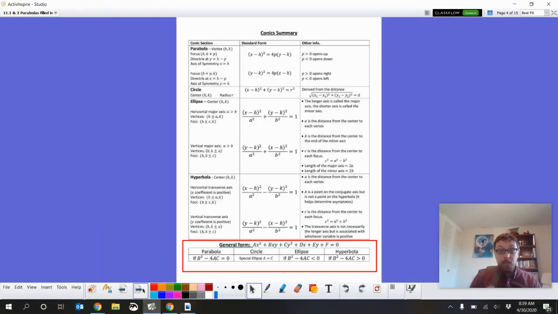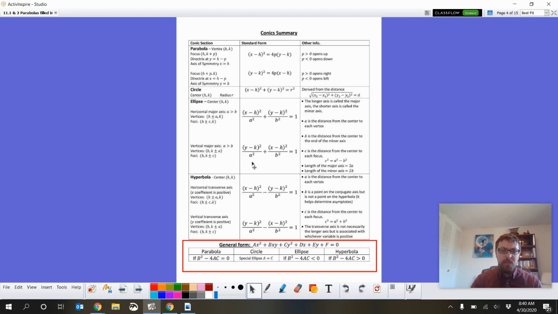Now, for this chapter, kind of like our trig identities chapter, we've got this big page of information. It's got all the formulas. You don't need to memorize any of these formulas. You just need to be able to use this sheet. But I want to talk as well about this idea of a general form. These are the standard forms of the conic sections, but a lot of times we get them in general form. And general form is sort of the worst. You can't easily tell which one is which.